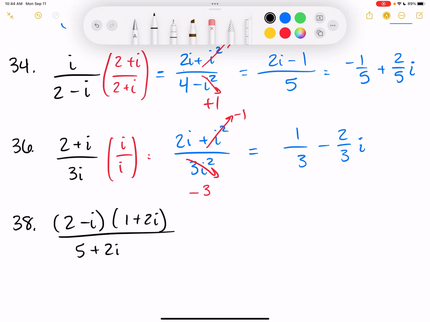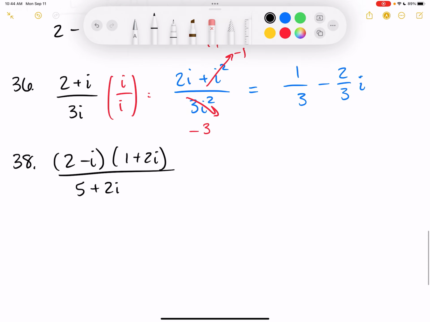My personal recommendation, before you decide to multiply by the conjugate, is to go ahead and multiply this up on the top first so that you get it simplified as much as possible, so you're not trying to multiply 3 sets of parentheses by each other. Just to make life a little easier.